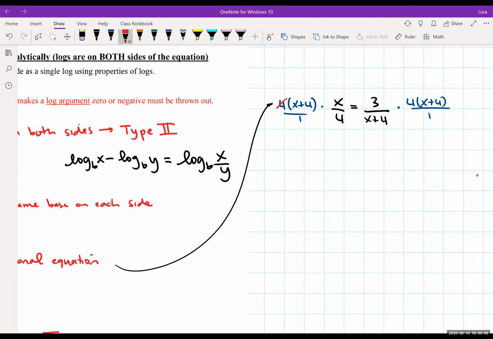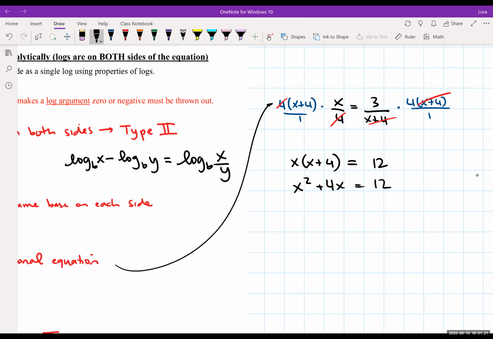So 4 over 4 leaves us with x times x plus 4. On the right-hand side, the x plus 4's divide out, and we get 3 times 4, which is 12. We could have distributed right away: x squared plus 4x equals 12.